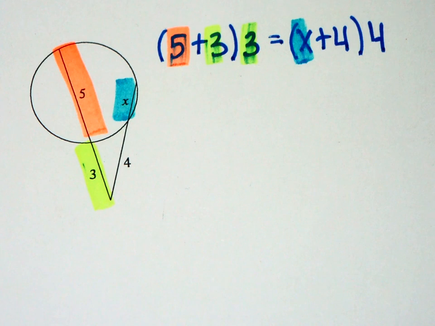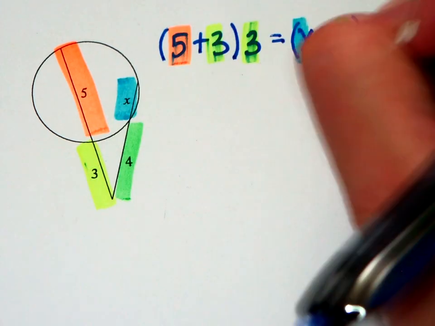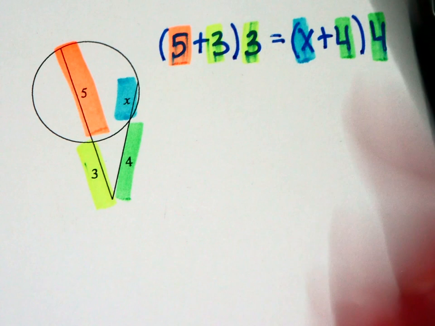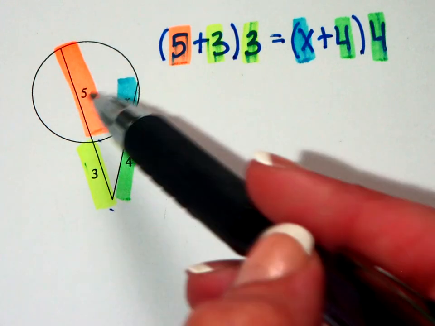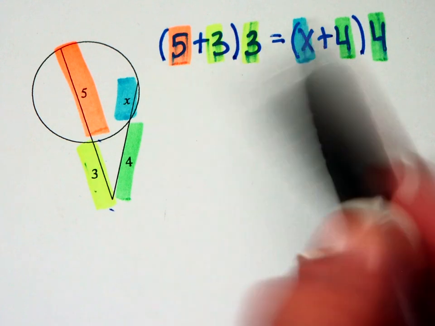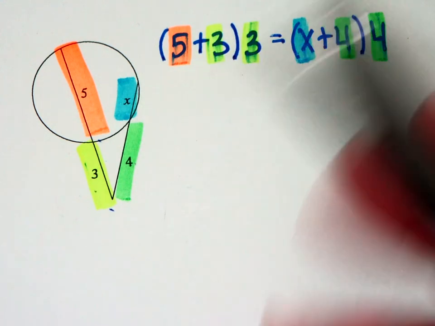Inside plus outside times outside. So let's talk about it again. If you have two secants crossing outside of the circle, the way that you calculate this is you basically use segment addition. Segment plus segment, inside plus outside times outside. And then the pattern just repeats on the other side. Inside plus outside times outside.